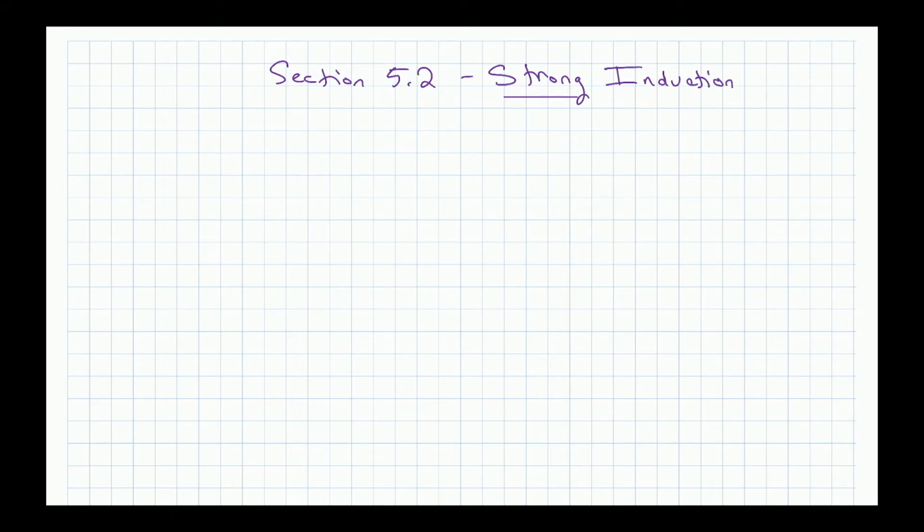With mathematical induction, you remember how this goes. You have a base case where you start. So you show P of 1 is true.